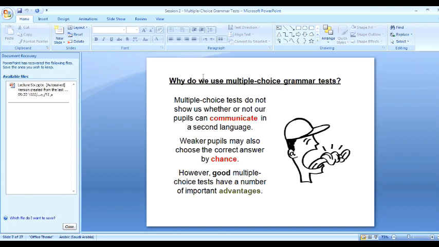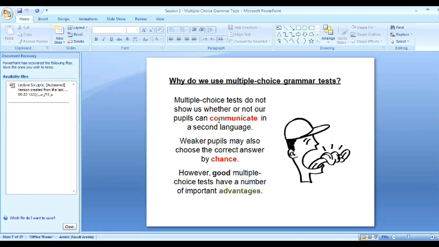So why do we use the multiple choice grammar test? Multiple choice tests do not show us whether or not our pupils can communicate in a second language. In multiple choice questions there is no communication. There is only checking whether our pupils have understood the grammatical items or not.